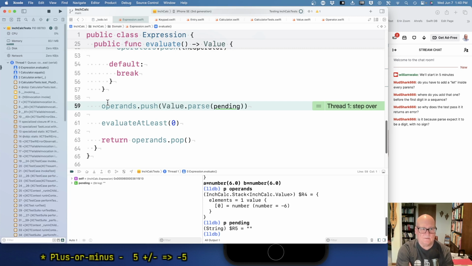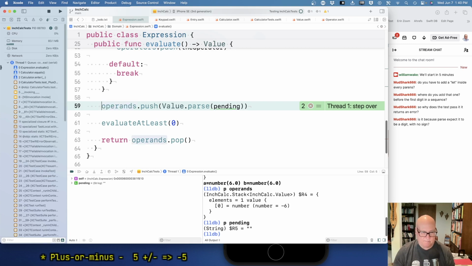But here we've already evaluated. So I think the reality is the only time we would evaluate this is if we have pending stuff. Now, is this right? I don't know what happens if you say 3 plus. We'll have to see if we detect that.